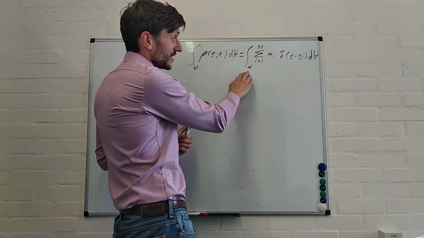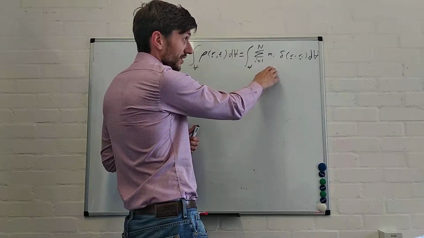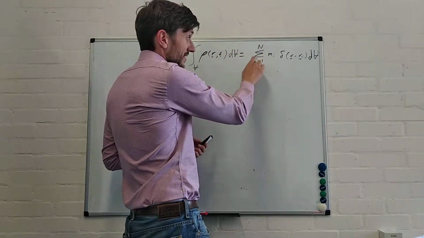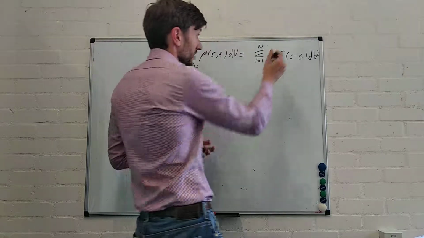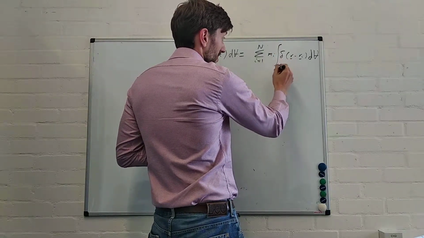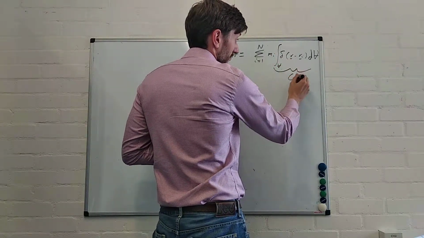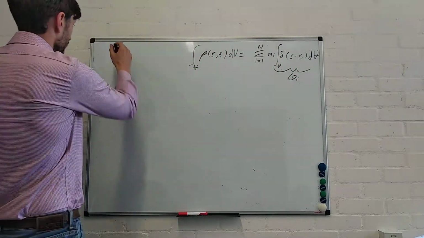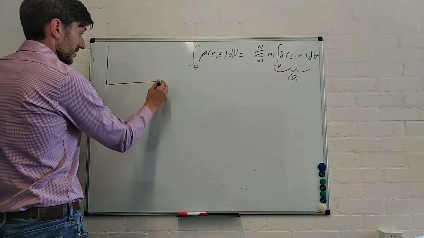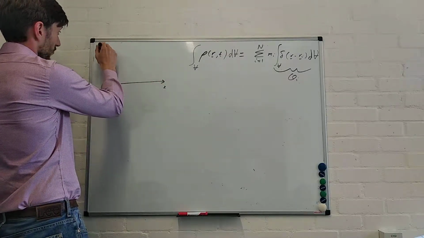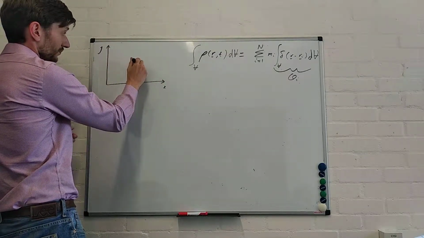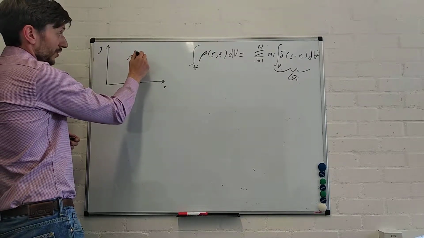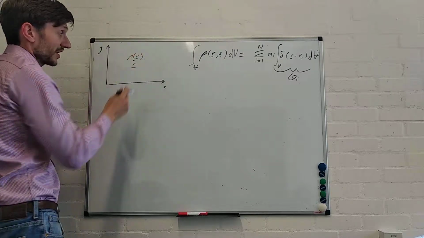We can actually move this integral over a volume inside the sum, because the sum of the integral is the same as the integral of the sum, and the masses of the individual molecules are constant during the simulation. So essentially it becomes a problem of actually working out the volume integral of this Dirac delta function. So to understand this, if we plot this expression on an axis, x and y, we have some point R, and it's the continuum point R, density at point R, that we're actually interested in.